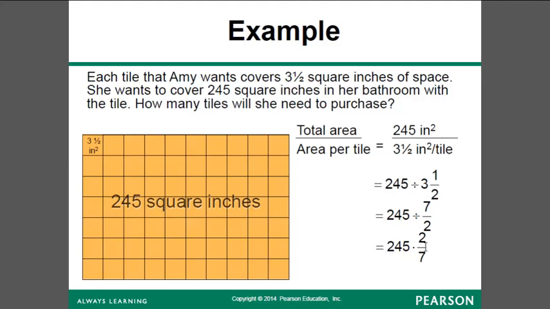So I now have 245 times 2 sevenths. I can go ahead and take 245 divided by 7. That reduces my numbers, and that leaves me with 35 times 2. And 35 times 2 leaves me with 70 tiles. Therefore, it takes 70 tiles that cover 3.5 square inches to cover the entire bathroom floor of 245 square inches.